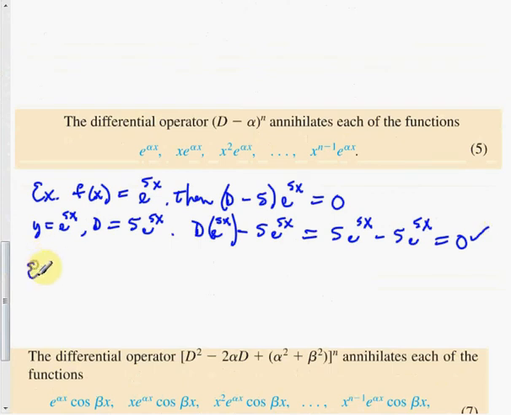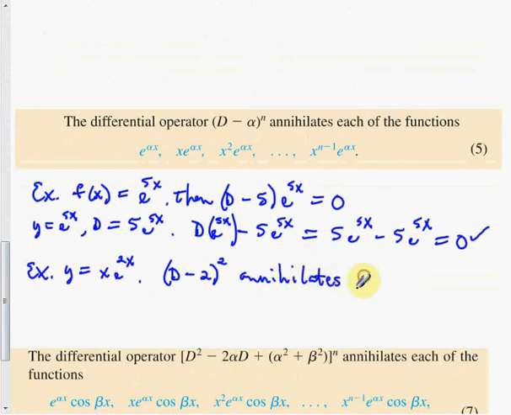Now watch this. What if you have y equals x times e to the 2x? So here, this term for x is x to the first power. So what we say is that d minus 2 to the second power is said to annihilate x times e to the 2x.